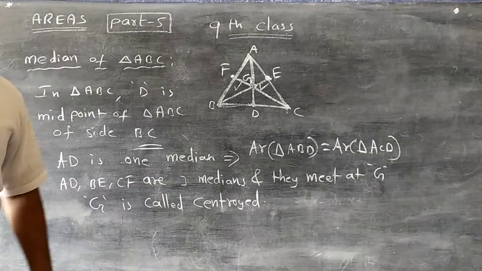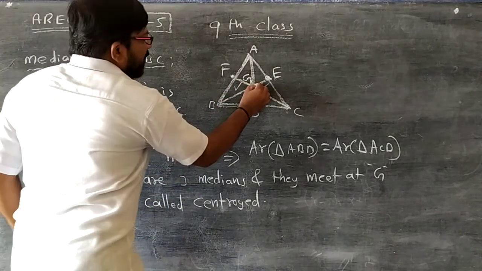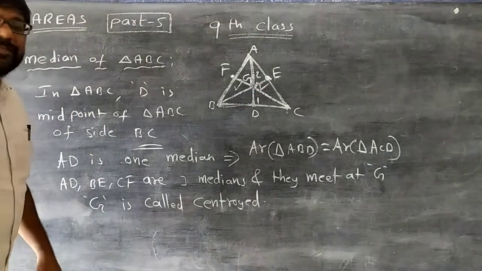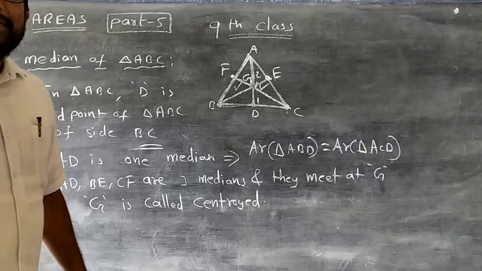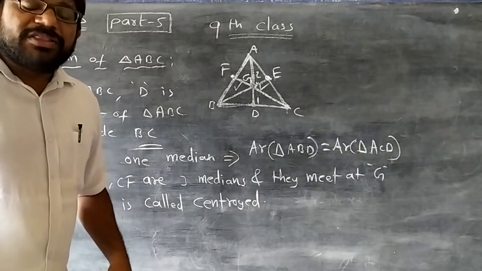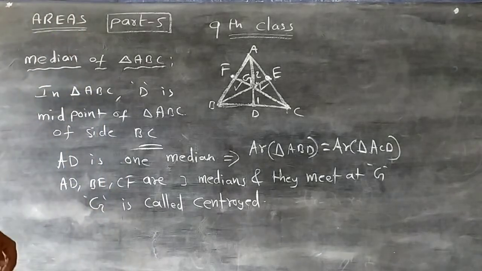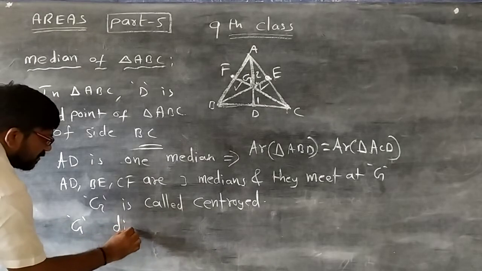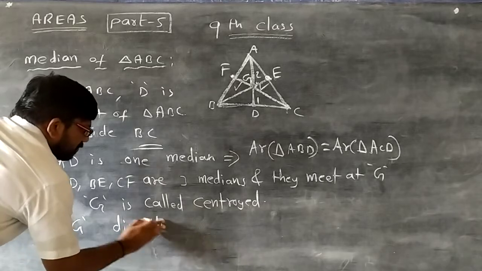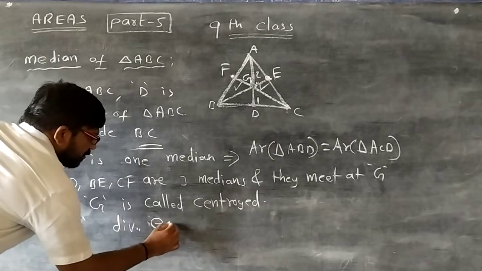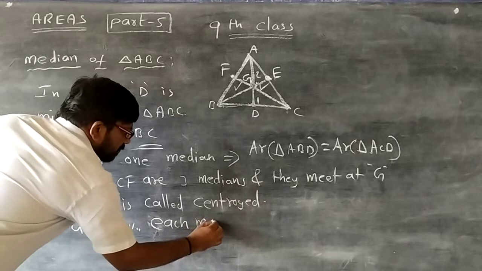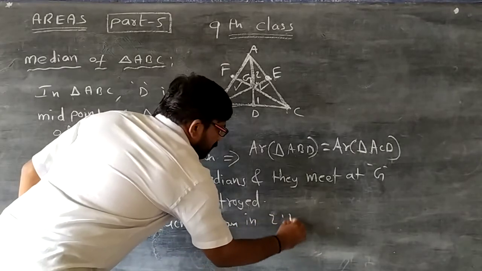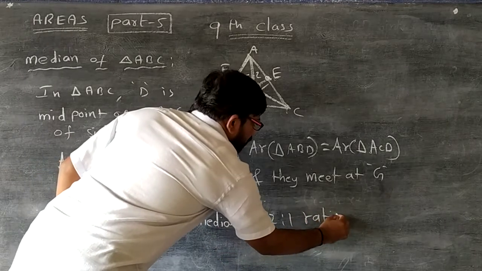This G divides each median in the ratio 2:1. Centroid G divides each median in the ratio 2:1.